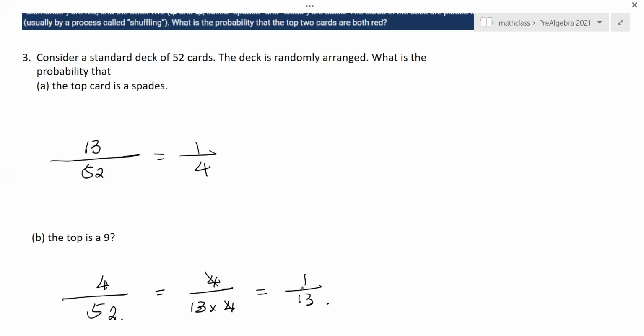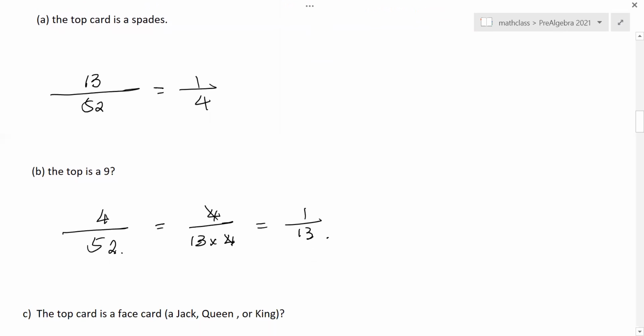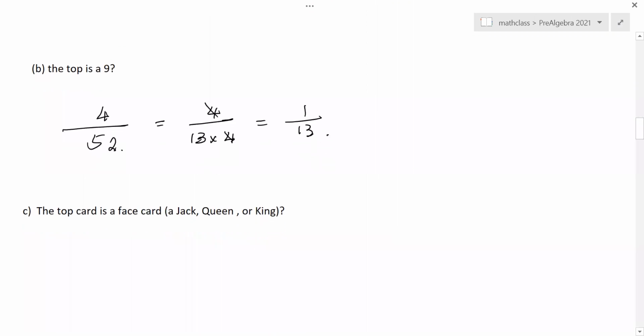All right. So now we're going to look at the next problem. The top card is a face card, which means a jack, queen, or king. Now that would be slightly different, right? You need to count how many face cards there are in order to solve this problem.